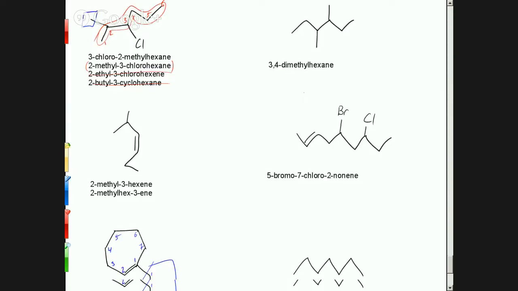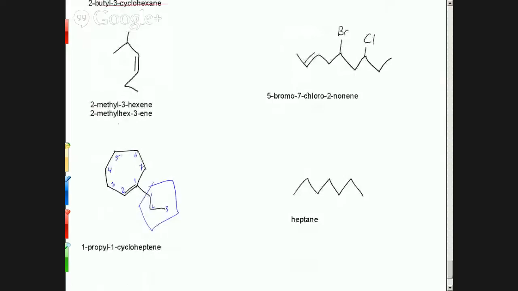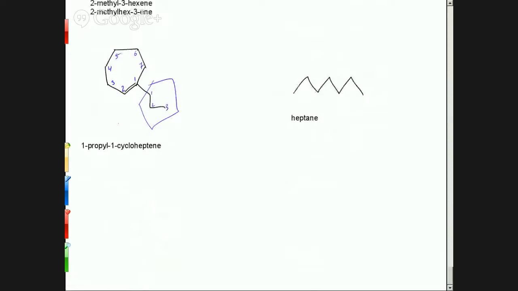I mean, there's other stuff that they do, but primarily we use them as fuels and we burn them. Whereas something like this, a double bond, can have a much broader way of reacting, or much broader possibilities for reactions. So let's look at some of those.